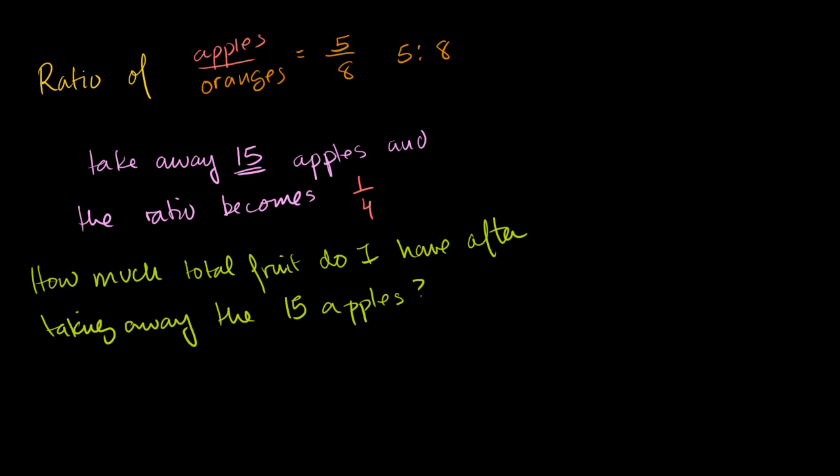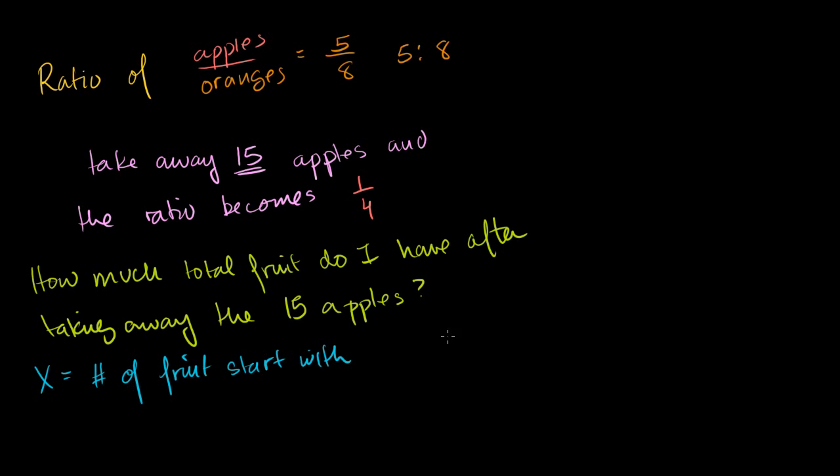So let's do a little bit of algebra. Let's say that x is equal to the number of fruit that we start with. How much fruit are we going to end up with at the end? We're taking away 15 apples. We're not doing anything to the oranges.